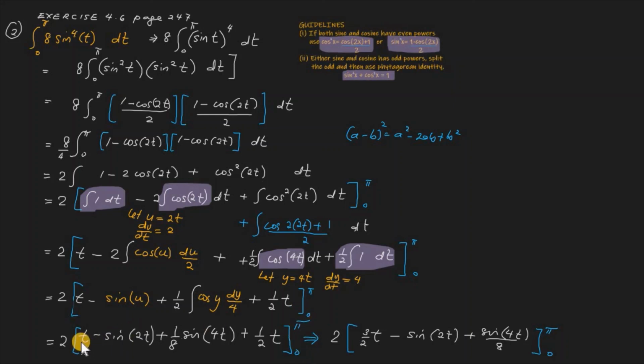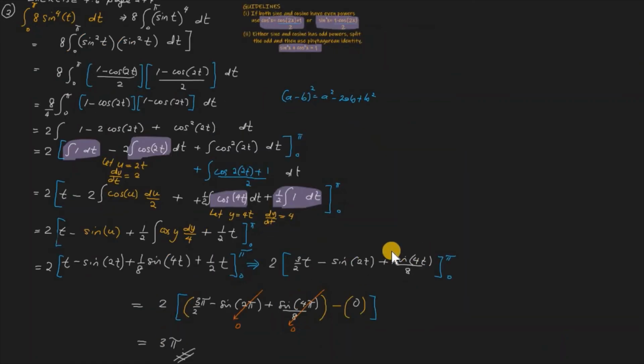We can see that there's a t and half t, so we simplify. Then we replace the t with pi, minus replace the t with 0. Everything is 0. It's easy. And if my calculation is correct, the final answer is 3 pi.